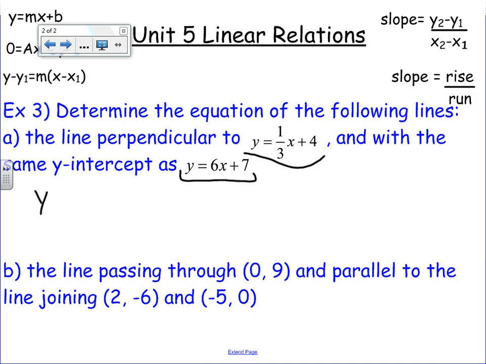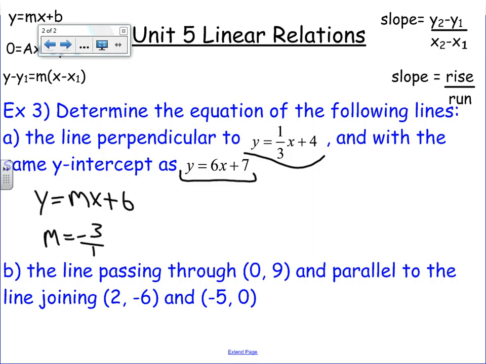We know it's going to go into this form. What is the new line's slope going to be, Colton? -3/1. How on earth did he come up with our new m would equal -3/1?